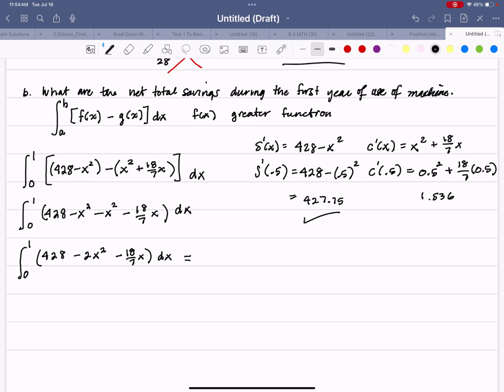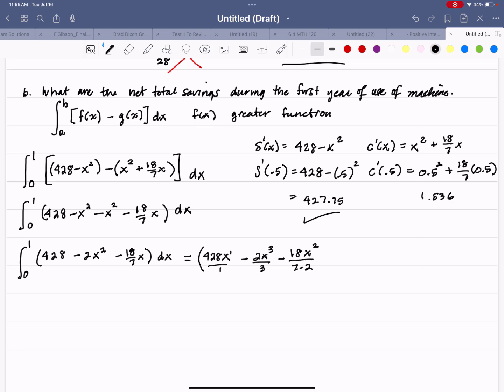So using the exponent rule, that's going to be 428x to the 1 divided by 1, right? We add 1 to the exponent. There is no exponent. Minus 2x to the third divided by 3 minus 18x squared over 7 divided by 2. So just do the times 2 in the denominator.